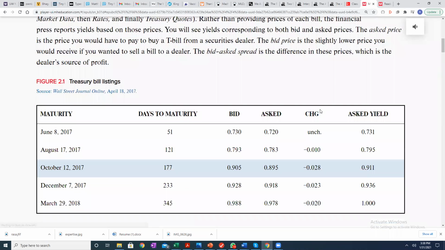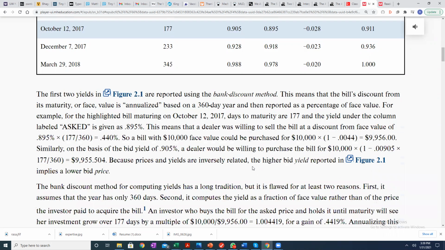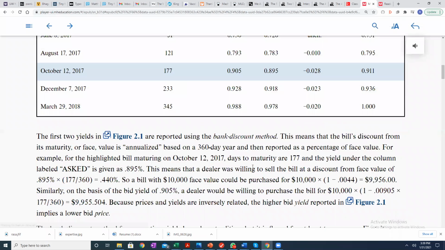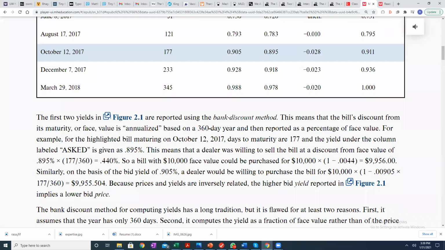So here are some Treasury bill listings that came from the US Treasury. In 2017, we saw a lot of Treasuries at different values. The first two yields are reported using the bank discount method. This means the bill's discount from its maturity or face value is annualized based on a 360-day year and then reported as a percentage of face value.